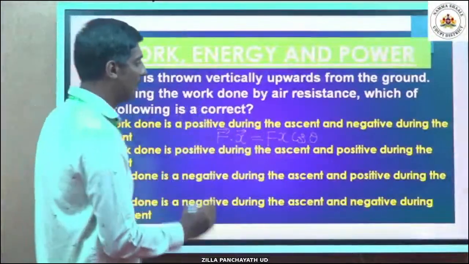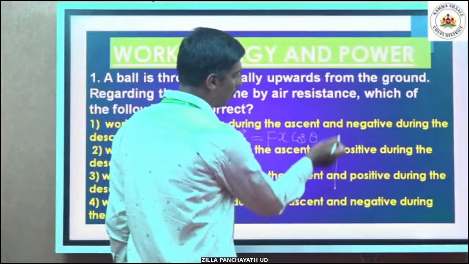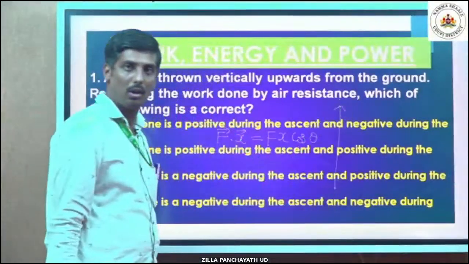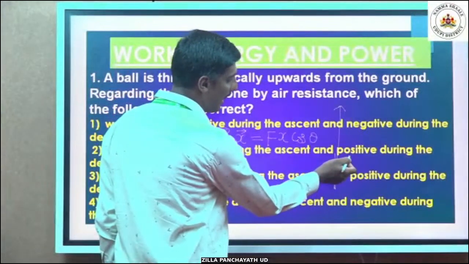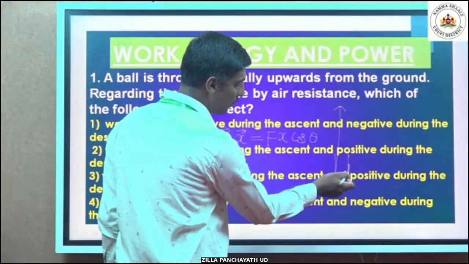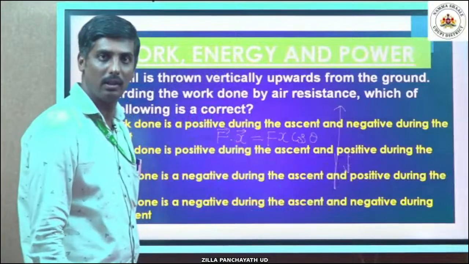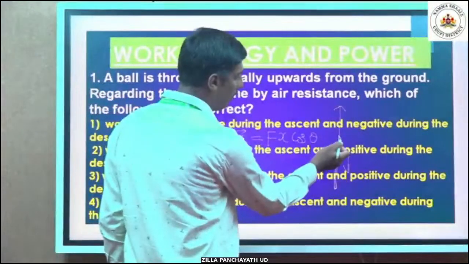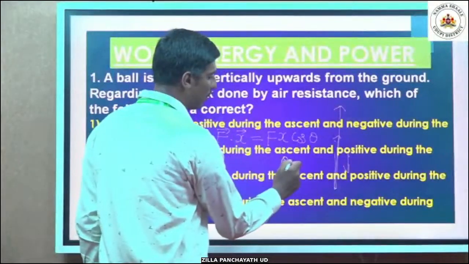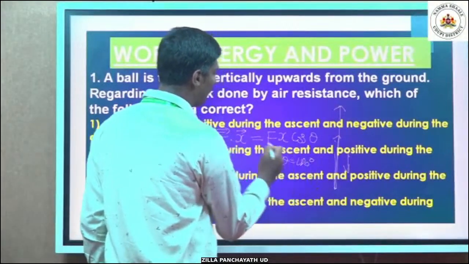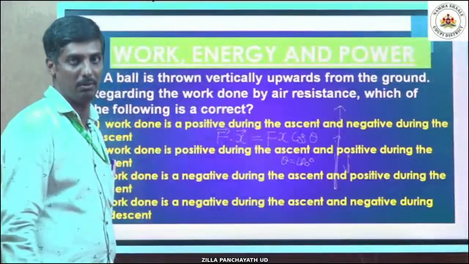Now look at this: whenever an object has been thrown upwards, during the upward motion the air resistance force is acting downwards. Since the ball is going upward, the resistance is acting downwards, so they are in opposite directions. So theta is equal to 180 degrees, so the work done during the upward motion is negative.